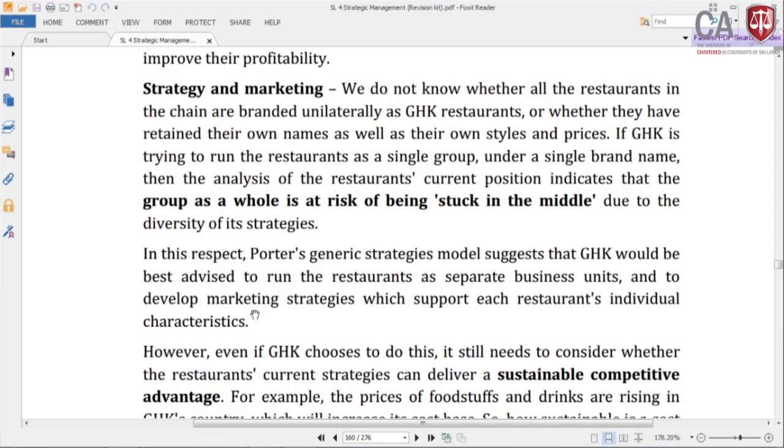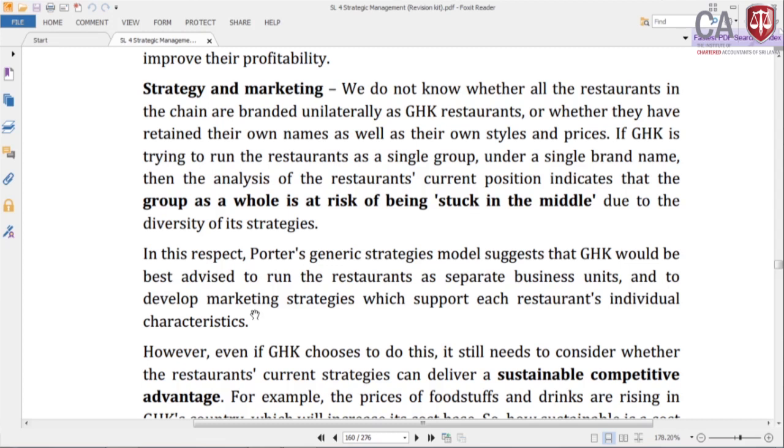If GHK is trying to run the restaurants as a single group under a single brand name, then the analysis of the restaurants' current positions indicates that the group as a whole is at risk of being stuck in the middle due to the diversity of its strategies. So if you try to brand as one unit, it's not practical because customers will have a confusing image of the organization. If they are branding the restaurants separately, then no issue.